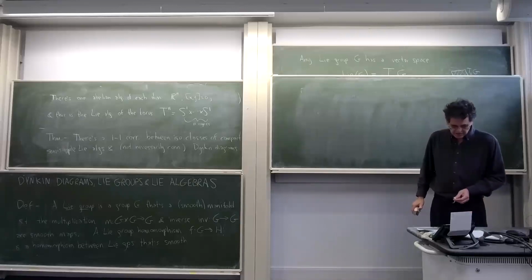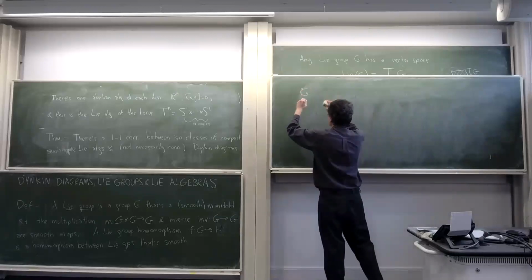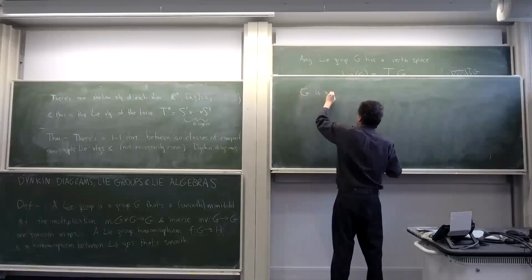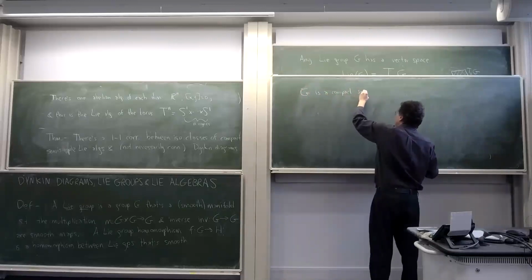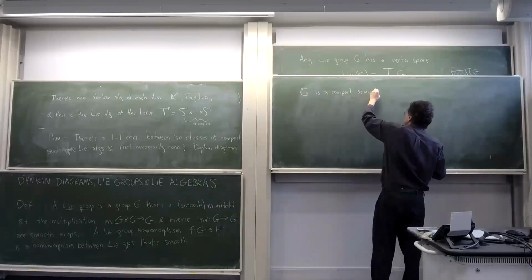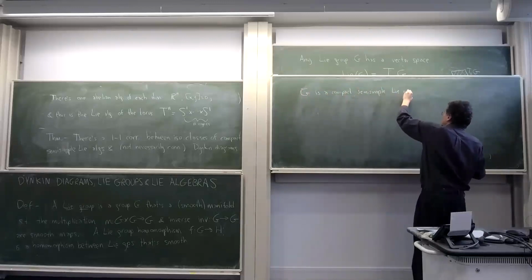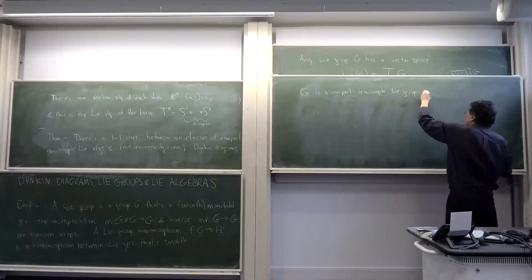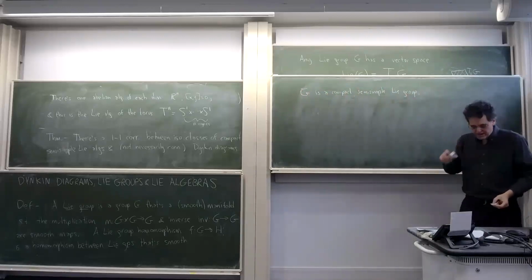So, okay, how do we do this thing? G is going to be a compact semi-simple Lie group here. We're going to process it until we get a Dynkin diagram.